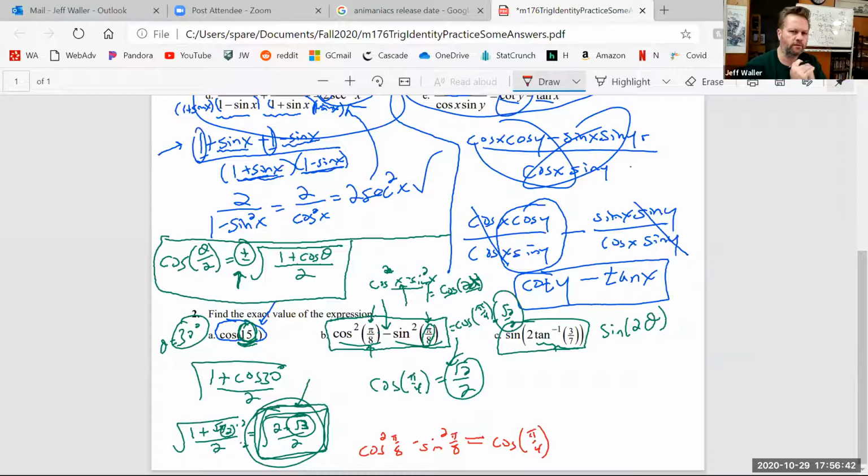Because I wrote it already. I'm just writing it again and emphasizing what's happening. So pretty cool with the fact, whatever this is, it's equal to this. How do I know that? Because we proved the identity that works no matter what the angle is. So will it work for this angle? Yeah, because it works no matter what the angle is. Is anybody not okay with that?